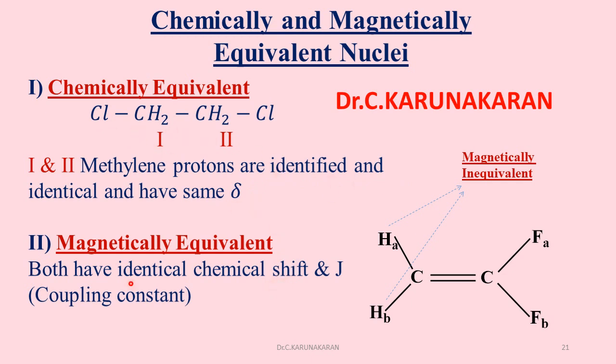Here the two nuclei have the same chemical shift value and also coupling constant values. For example, in this molecule, the protons see this fluorine and see hydrogen. These are chemically equivalent. They have the same chemical shift values, but they are magnetically inequivalent. They have different coupling constant values.